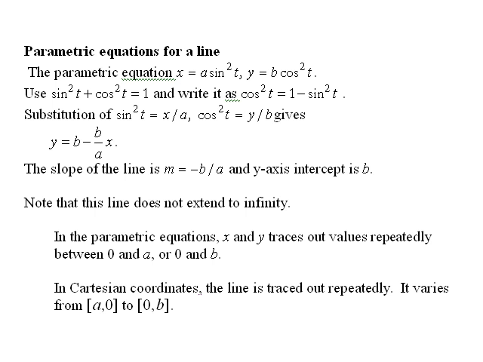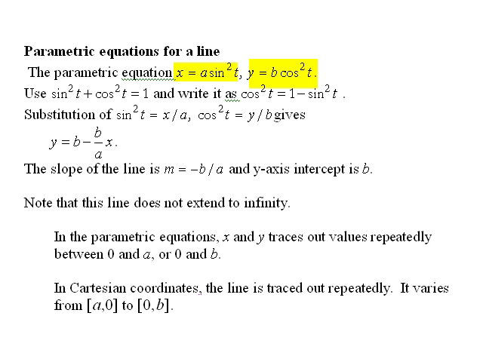Now I'm going to show you the parametric equation for a line, or one parameterization of a line, and this will also point out an important point about parametric equations. So let's start here with x as some constant a times sine squared, and y is b times cosine squared. Again, we're going to use the same Pythagorean identity.